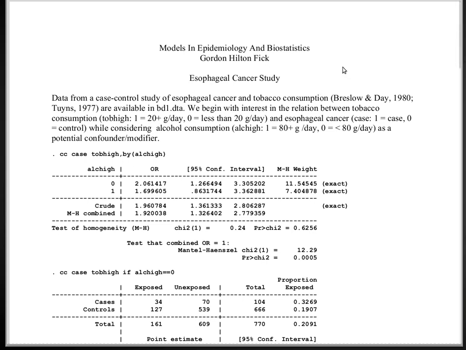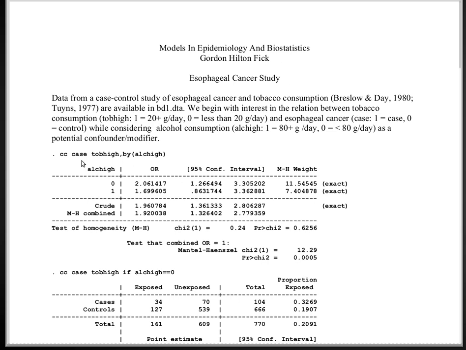That being their primary attention was, is there a relationship between case control status and exposure, where exposure here is exposure to tobacco, and the case control status is esophageal cancer.